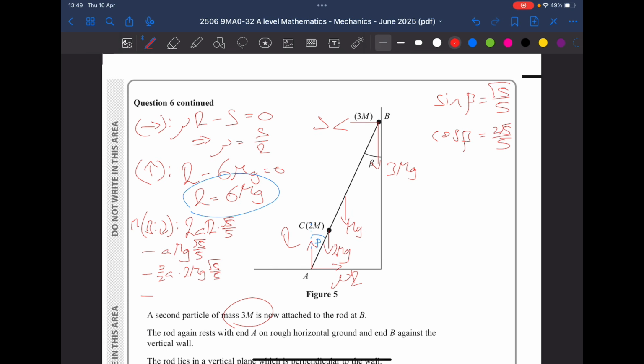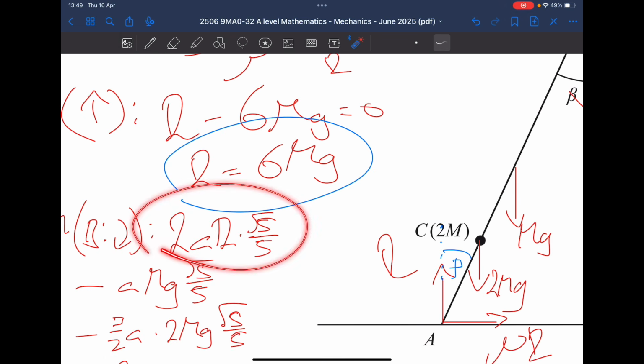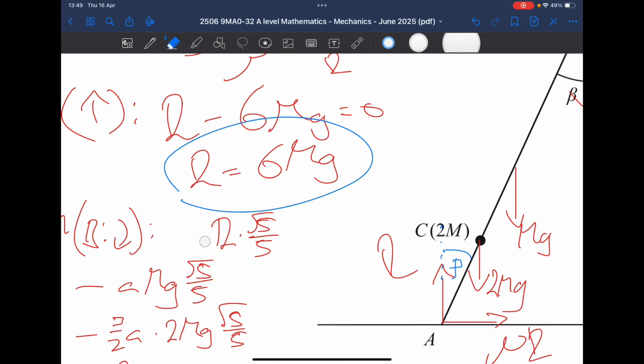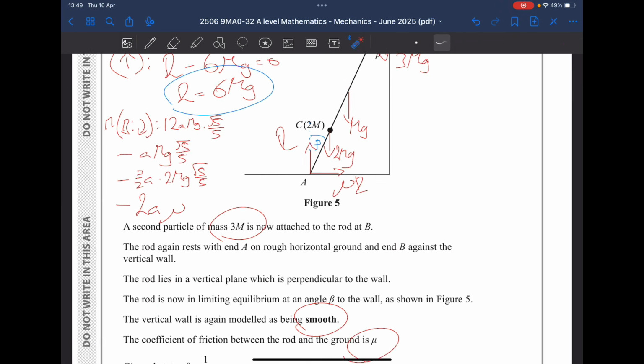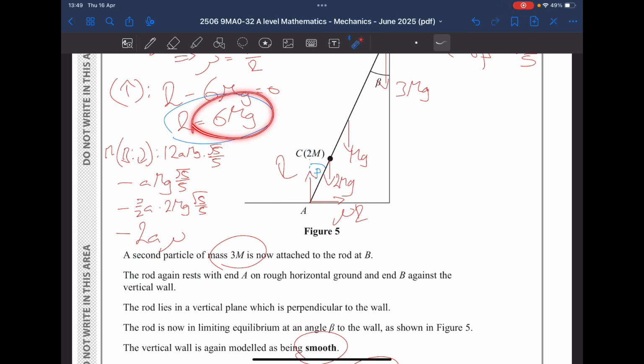So that's going to be distance away of 2a, strength of mu R, which we know is going to be 6 mg. We'll actually put that up here as well. So that should be 12 amg in there. 12 amg. And again, this one is going to be mu R, so times the 6. So again, 12 amg.